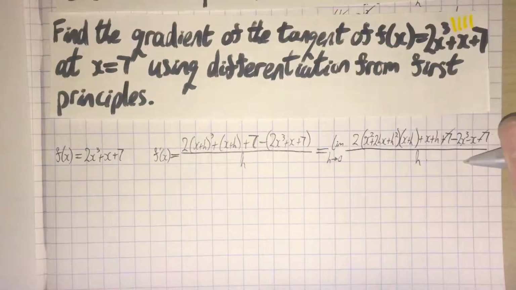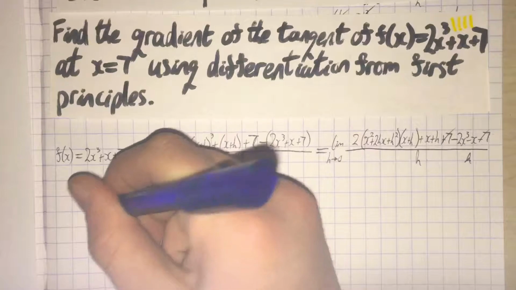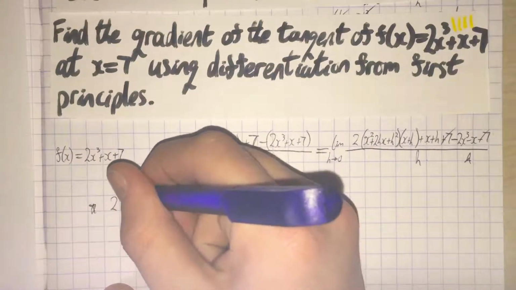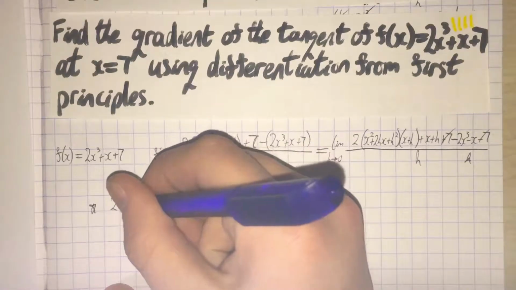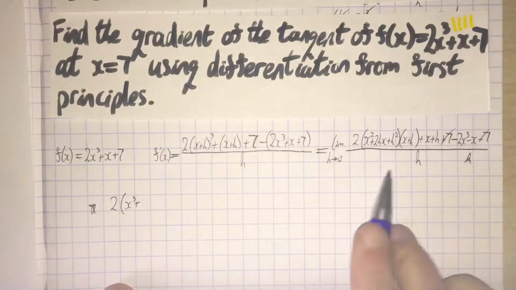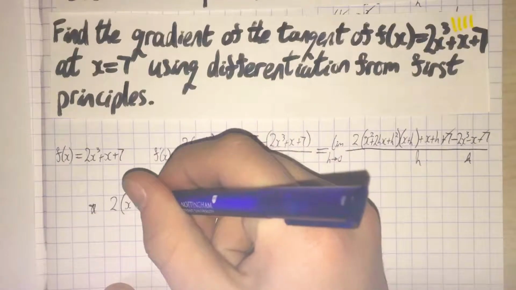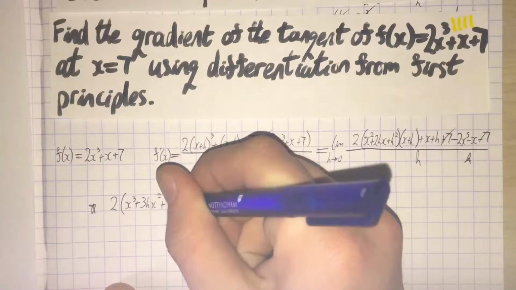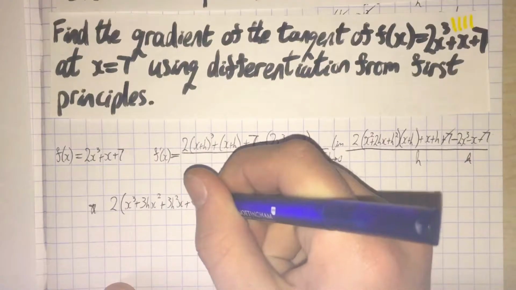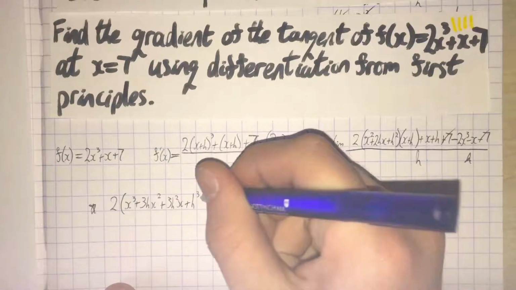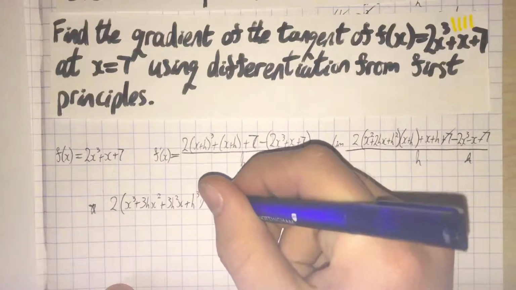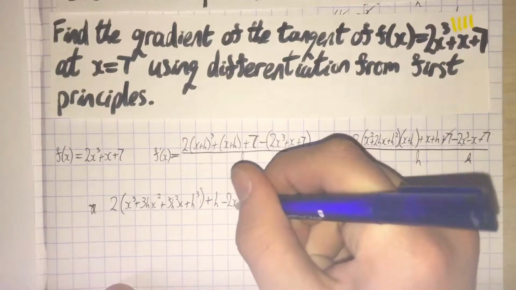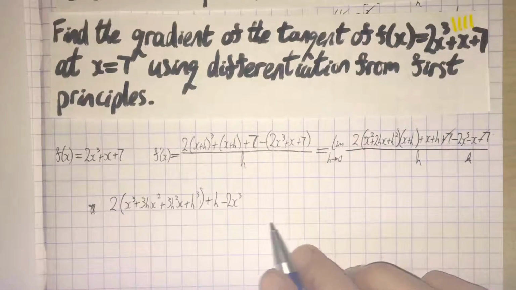Right, so we're going to take this down here. So what we have left is going to be 2 times x cubed, we're just expanding these brackets now, plus 3hx squared plus 3h squared x plus h cubed plus h minus 2x cubed.